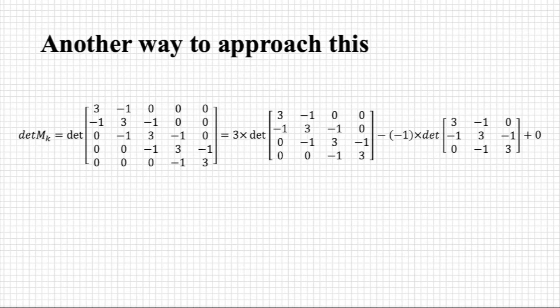Now, you also have to add, right? But the third element and the fourth element and the fifth and onwards, they are 0. And so 0 times anything will be 0. So to conclude, the determinant of M of k equals 3 times the determinant of M of k minus 1 plus, because it's a minus 1, so it's a plus, the determinant of M of k minus 2.